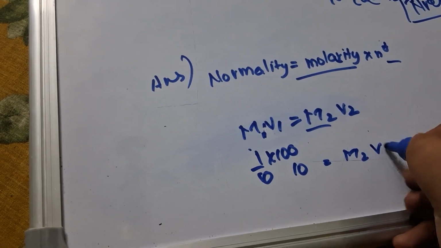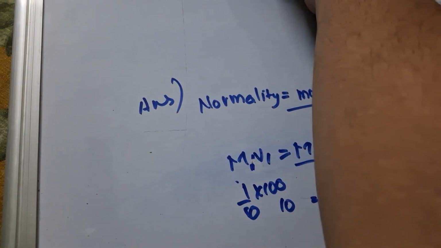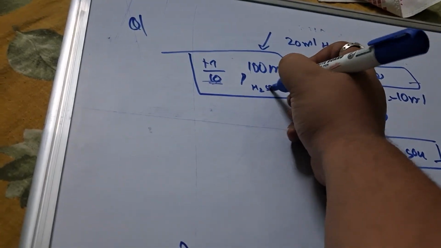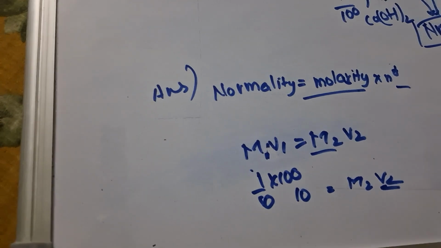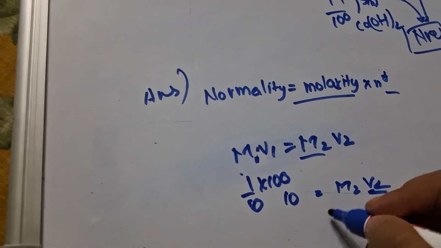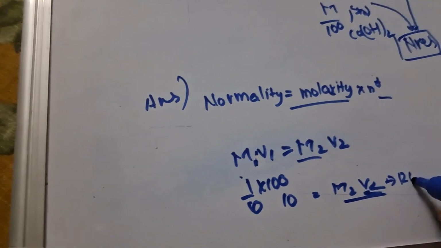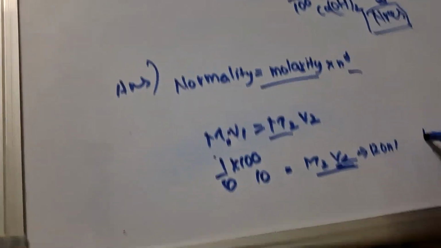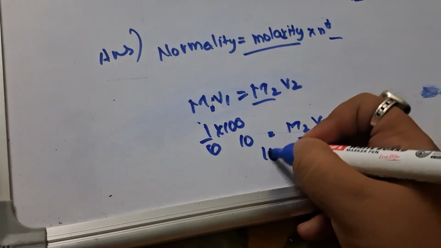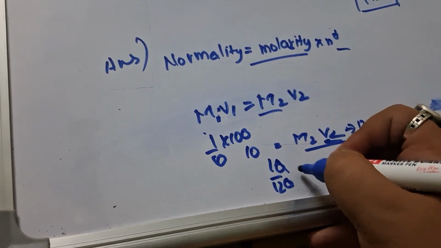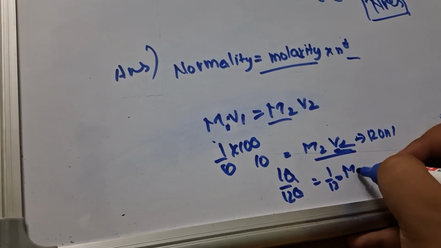M2 V2, let's take this as H2SO4 because we need to find the n factor. V2 is 120 ml because we are adding 100 plus 20. So 10 by 120, this will be 1 by 12, equals M2.